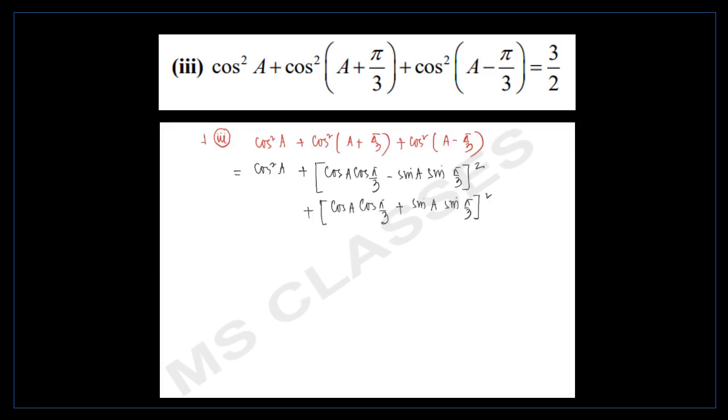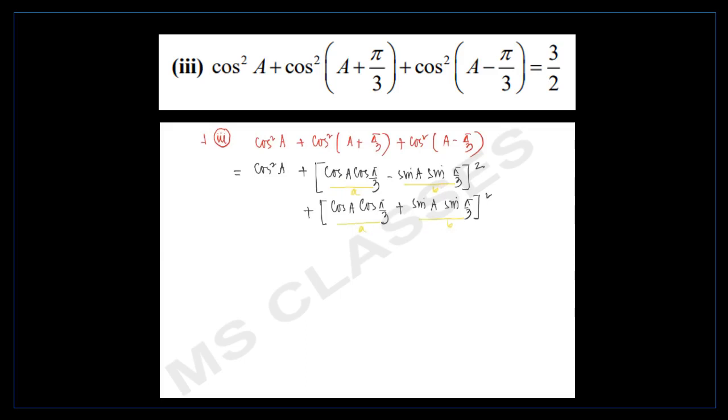Now see, this is a fourth form: (A − B)² + (A + B)². We take this as A, this as B, so this is (A − B)² plus (A + B)².